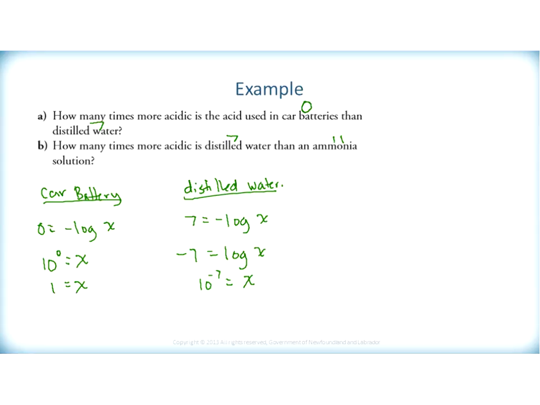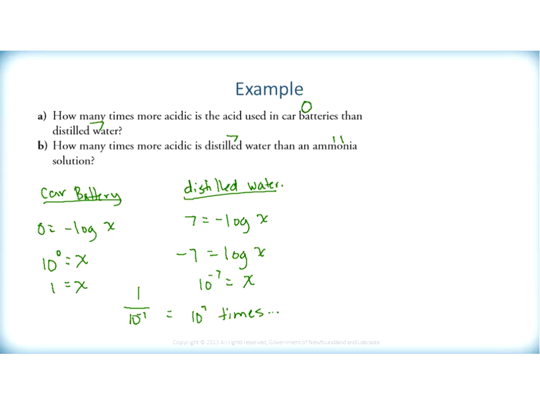To determine how much more acidic car battery is than distilled water, we would have 1 over 10 to the negative 7. This would give us 10 to the 7 times more acidic.